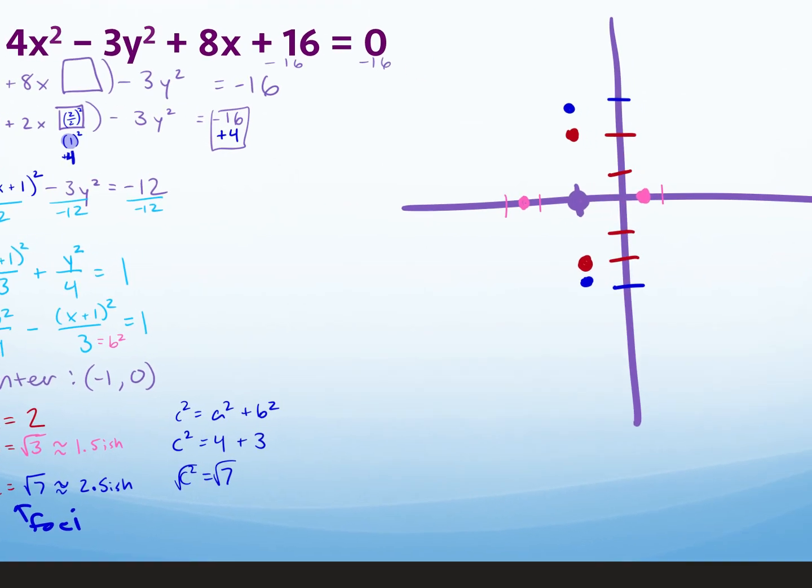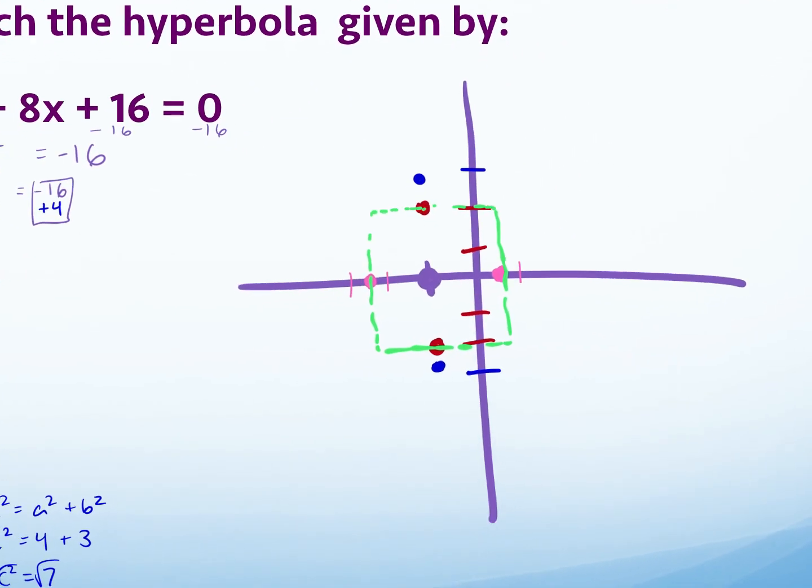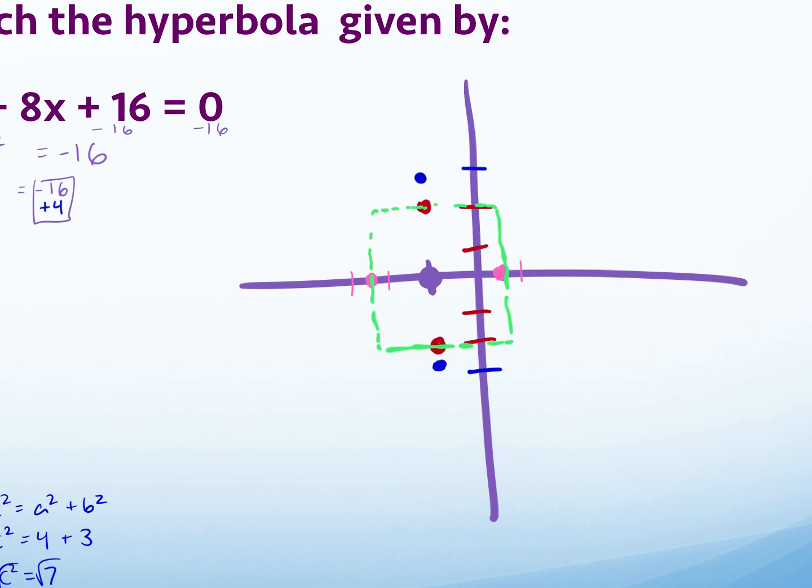What do I do next? Draw the box so I can draw the asymptotes. So I'm going to connect my vertices and my co-vertices with a box. Little imaginary box there. And then the diagonals of my box and the center make my asymptotes.